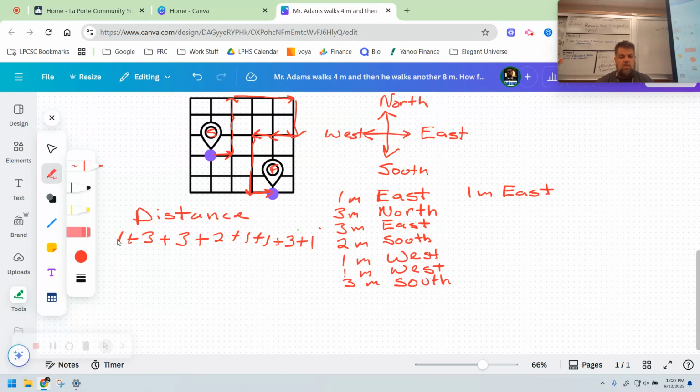So if I add all the ones, I have 1, 2, 3, 4. 4 plus 6 is 10. 10 plus 2 is 12, plus 3 is 15. So the total distance that I moved is 15 meters. Okay? So that's my distance.